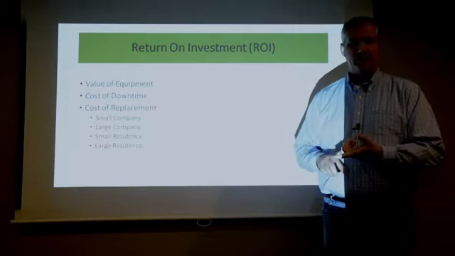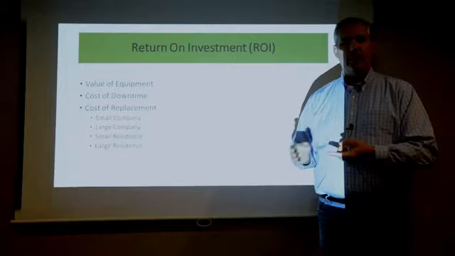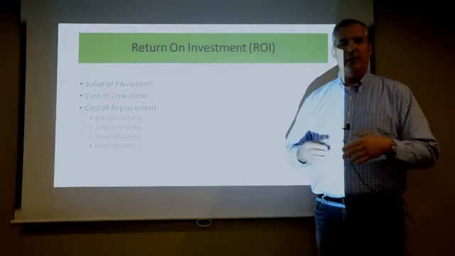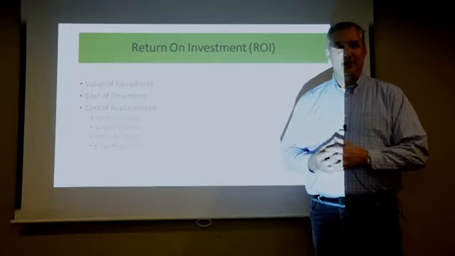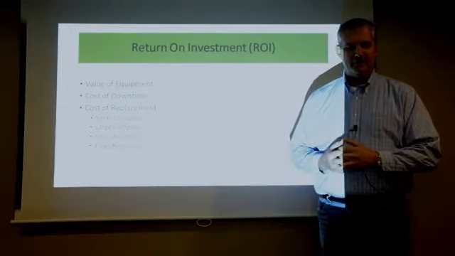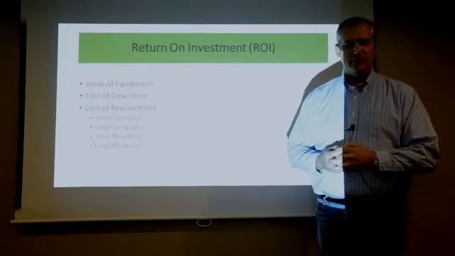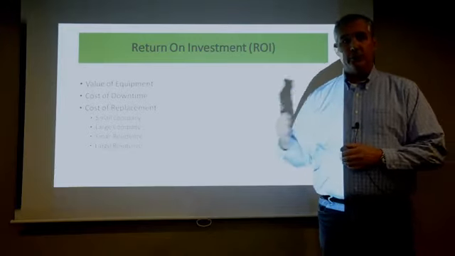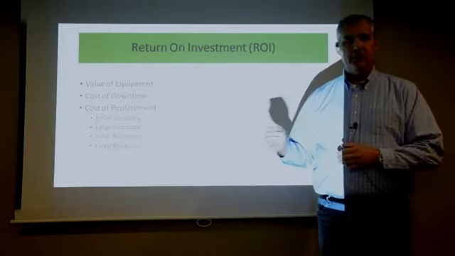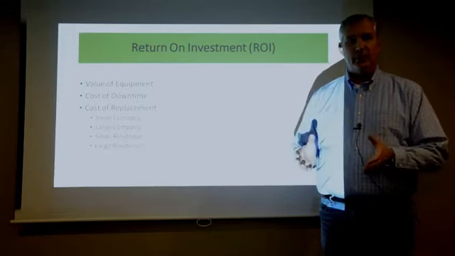Not only the raw cost, the actual cost to buy the equipment, but the cost to wait for it, and then the cost of procuring that piece of equipment. When we deal with industrial facilities, there's a rule of thumb. We want to make sure that we protect anything that's susceptible and anything that's hard to replace or expensive to replace.